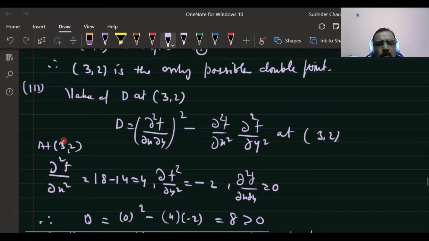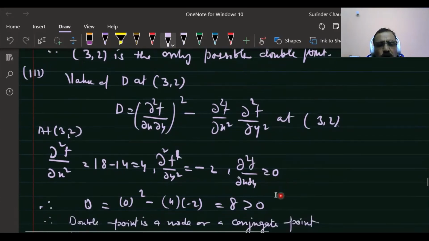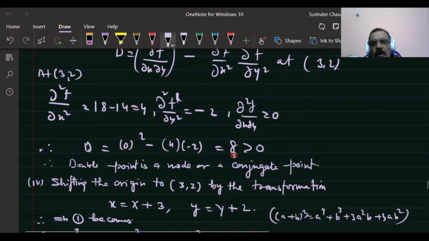So at this point, we find the values: second partial with respect to x at (3, 2), second partial with respect to y at (3, 2), and second partial with respect to xy at (3, 2). Then substitute and find the value of D from this. D comes out to be 8. So 8 is greater than 0. The double point is a node or a conjugate point.